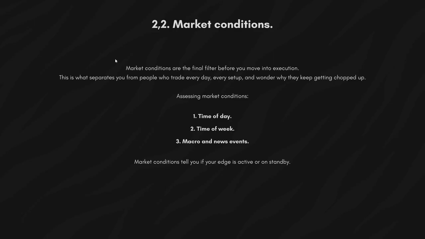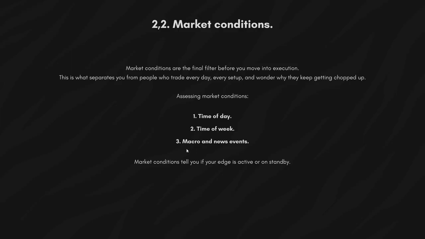But if the market has already capped its weekly range, it has already expanded enough, then you're going to avoid trading on Friday because there's going to be a TGIF profile or a Friday retracement profile. So if you had ignored the market conditions regarding the time of the week, you would have lost. This is something you would want to avoid.